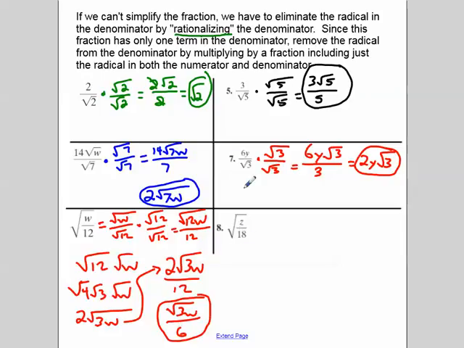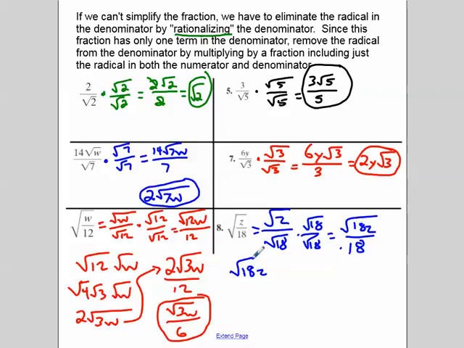Alright, same idea is going to hold true over here. We're going to have square root z over square root 18. First thought is we cannot simplify the z over 18, so we give everybody their own house. Multiply by square root 18 over square root 18. We get square root 18z over 18. Now let's do the same thing over here. Square root 18z is square root 18 times square root z, square root 9 times square root 2 times square root z.